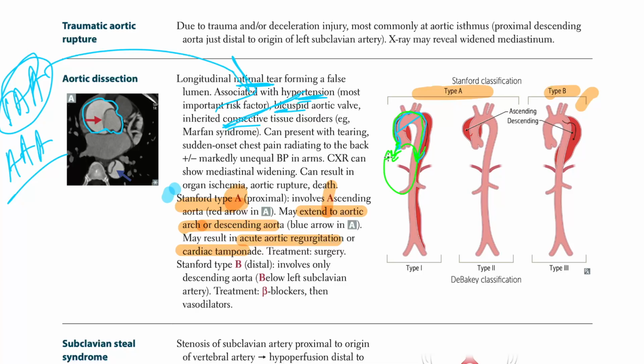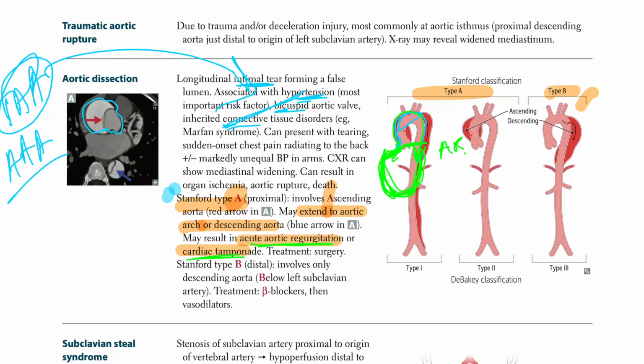First of all, it can cause aortic root dilatation, causing aortic regurgitation, AR, and on top of that it can go into the pericardium, causing cardiac tamponade. That is exactly what is mentioned here: aortic regurg and cardiac tamponade. Treatment is surgery. You have to surgically fix it.